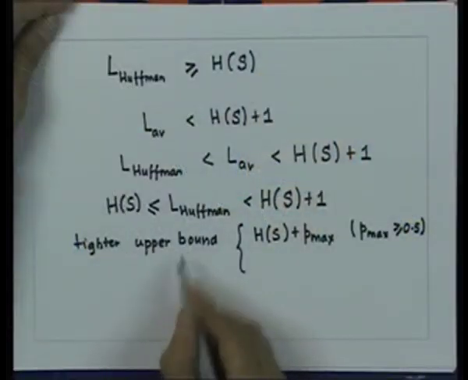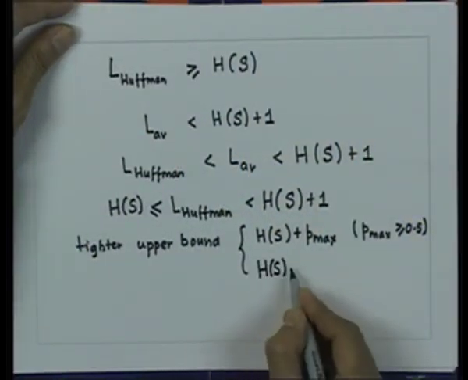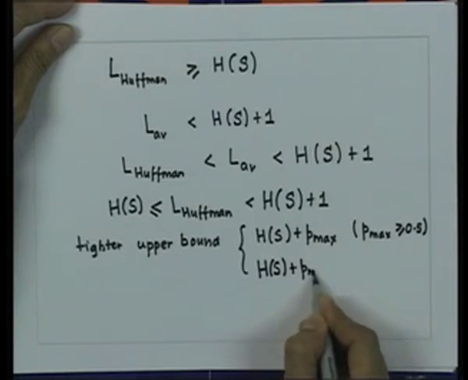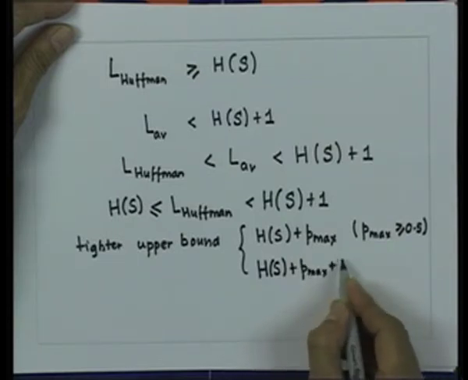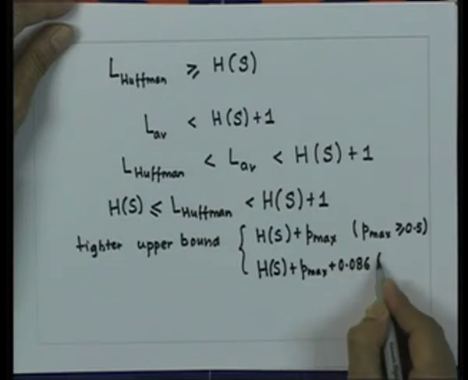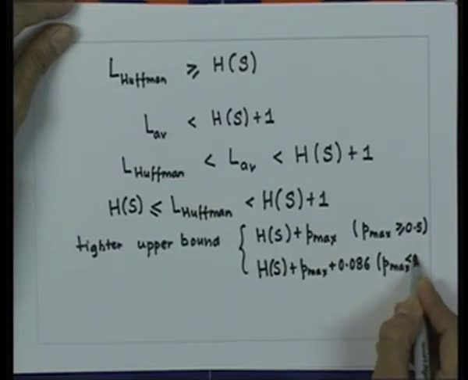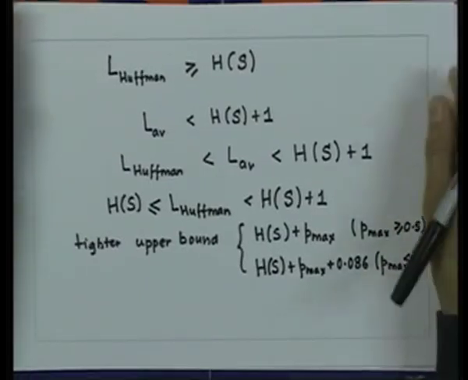But if P maximum is less than 0.5, then the tighter upper bound becomes Hs plus P max plus 0.086. This is for P max less than 0.5.